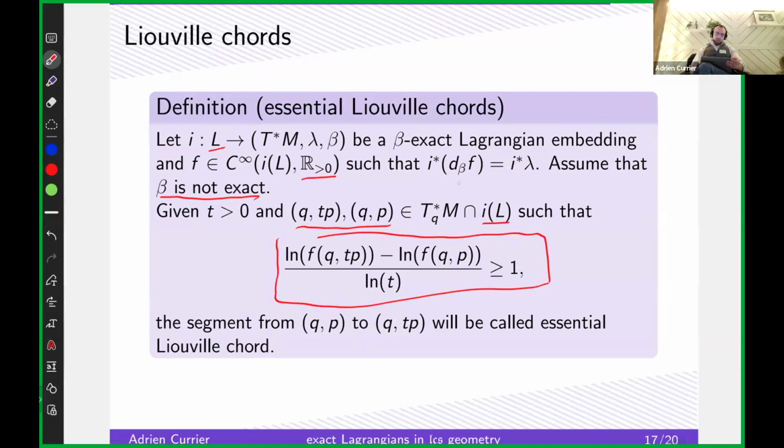Here, this is some kind of primitive for the pullback of lambda. Well, a twisted primitive, but it is a primitive. And in the normal case, if you didn't have this twisted differential, we have the choice of a primitive. So what tells us that this quantity is actually well defined for all the primitives?